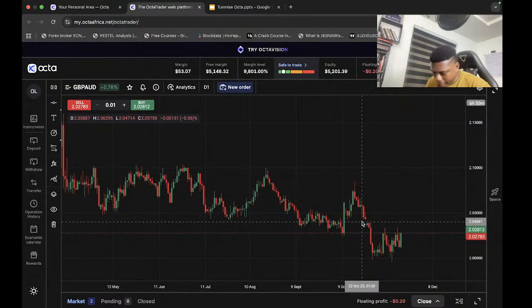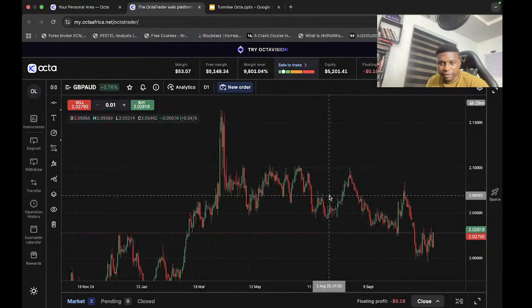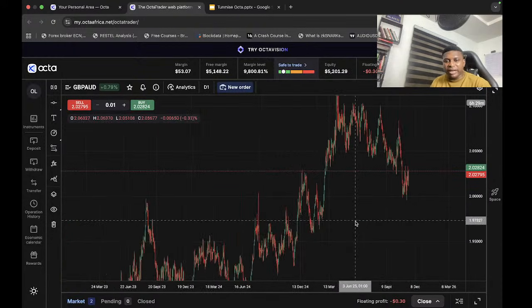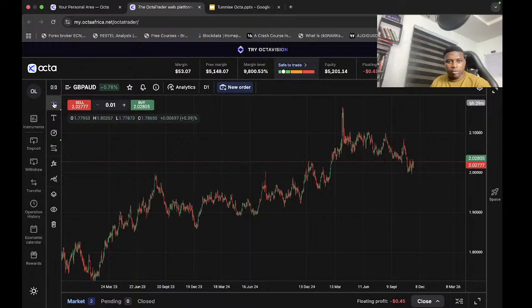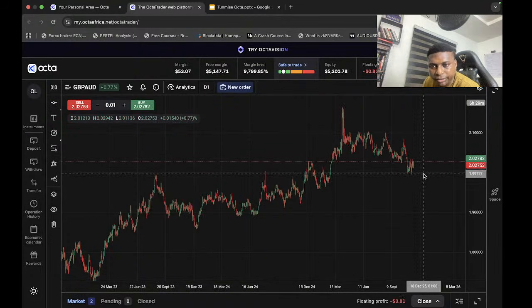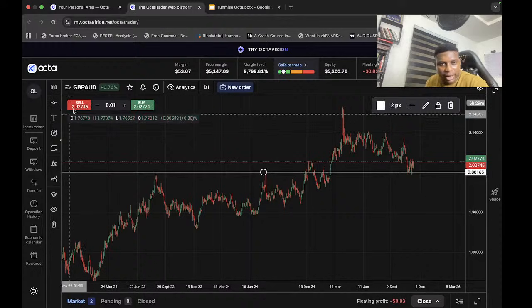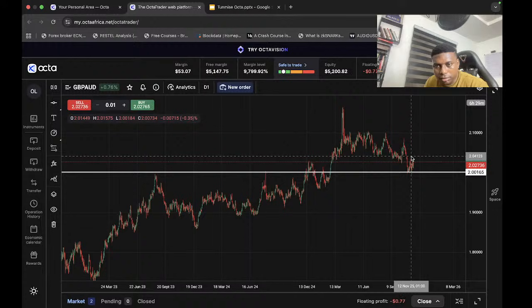Good. So we are on GBP AUD on the daily time frame. Now let's understand the current market structure on GBP AUD. Let's map out levels of support and levels of resistance.